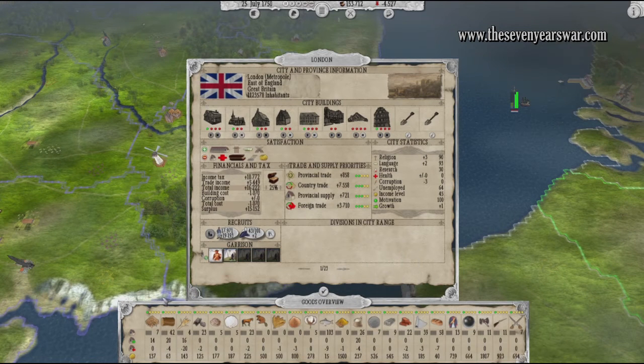If we take a closer look at the further information of this goods overview, you can here see the available stock of the current product, the production per annum in this province, the demand, and the price.